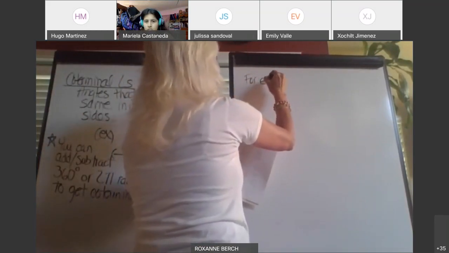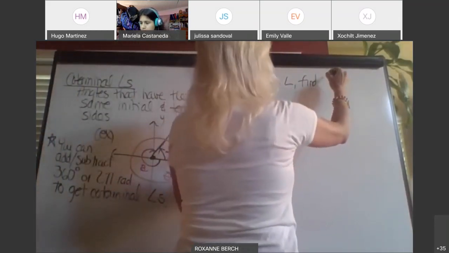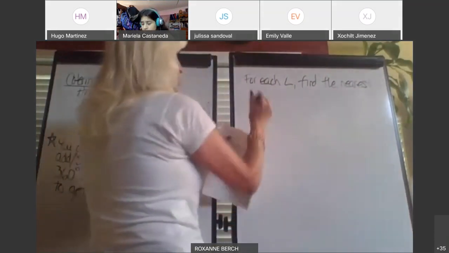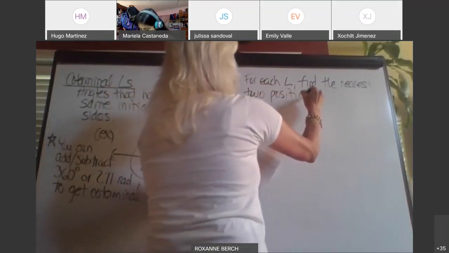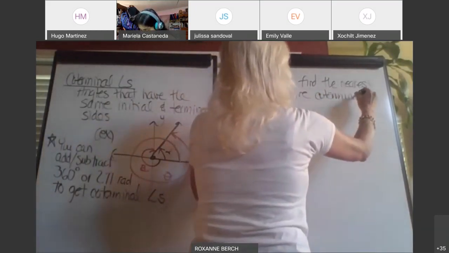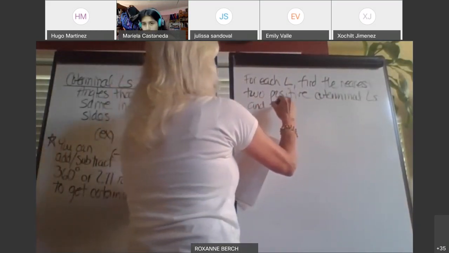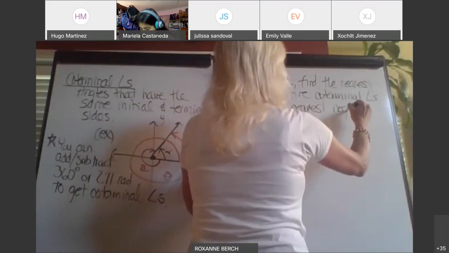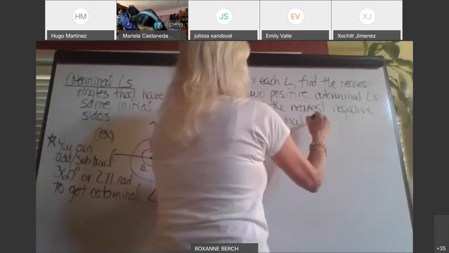They say for each angle, find the nearest two positive coterminal angles and the nearest two negative coterminal angles.